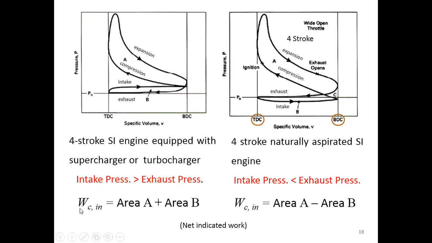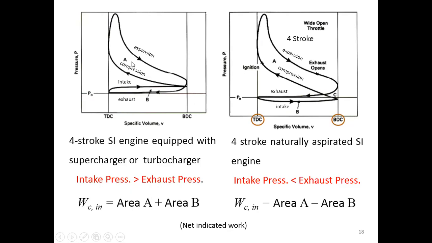So the net indicated work, because this is W, subscript i for indicated, n for net, c for cycle. The net indicated work per cycle for the turbocharged or supercharged engine will be what?